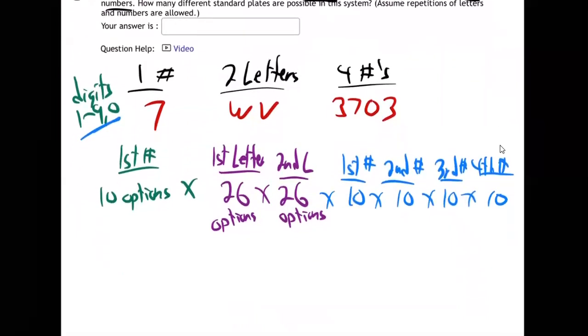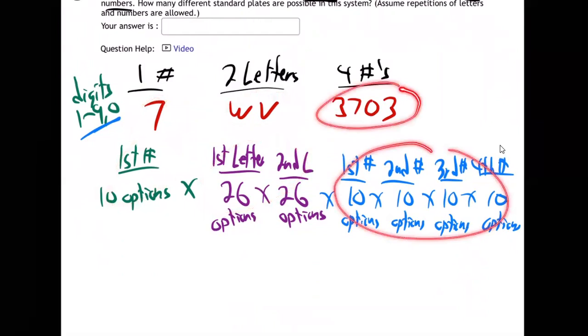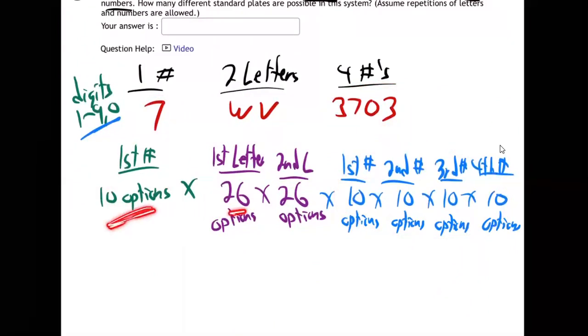So just multiply those all together. These are all the options. So for each decision you need to make, you need to pick a number, like I picked 7, two letters, I picked WV, and four numbers, I picked 3703. You just multiply the number of options for each of those decisions, all together in your calculator.